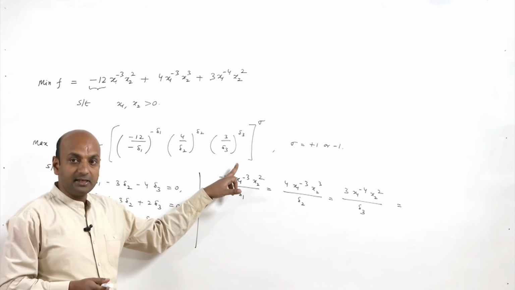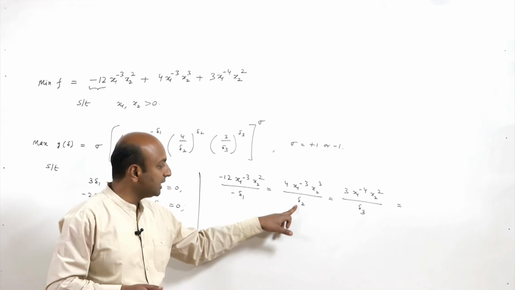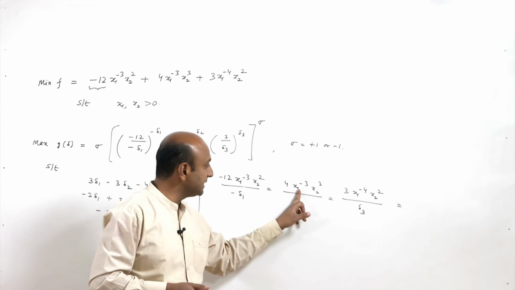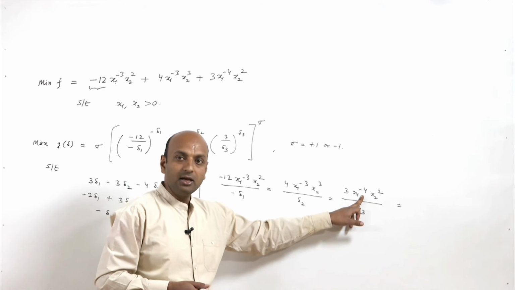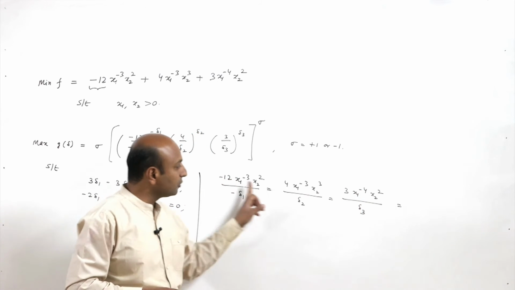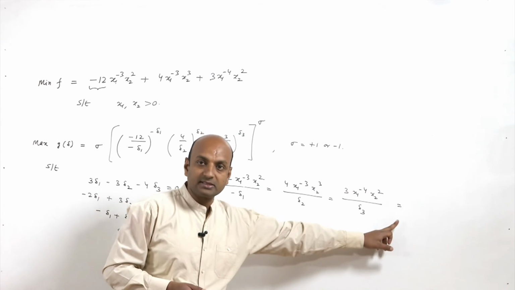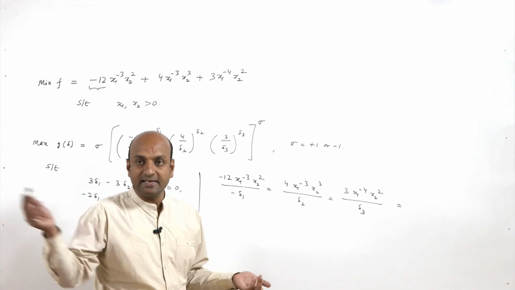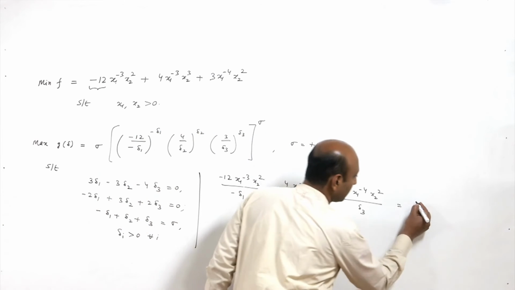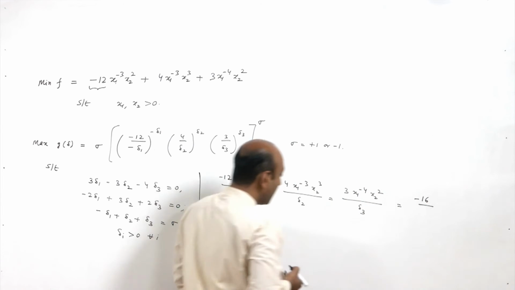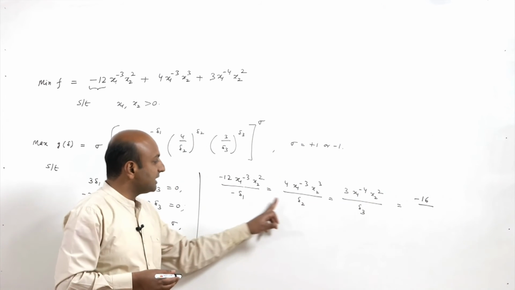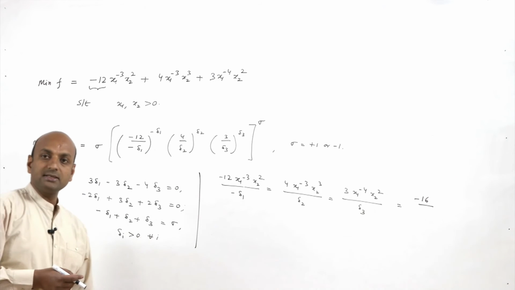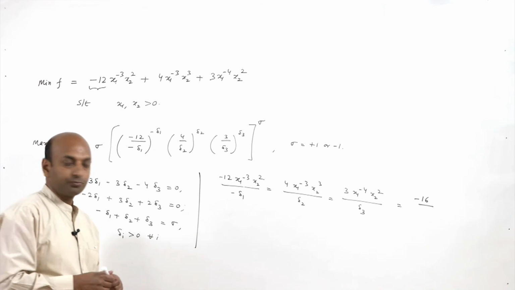this is something a upon b equal to c upon d equal to e upon f, which is equal to a plus c plus e upon, that is the sum of the numerators and the sum of the denominators. The sum of the numerators is equal to minimum of f, which is minus 16 as we already obtained, and minus delta 1 plus delta 2 plus delta 3 is rho, and rho is minus 1. Okay.